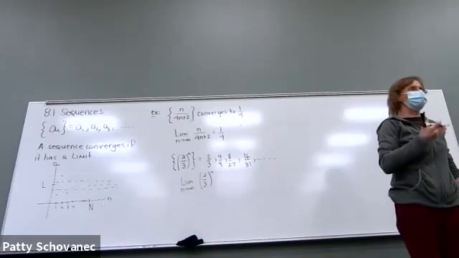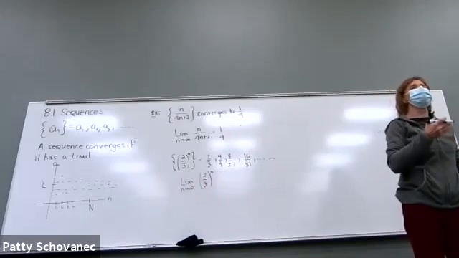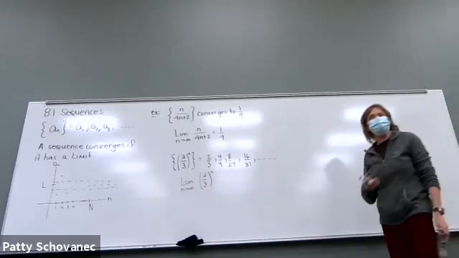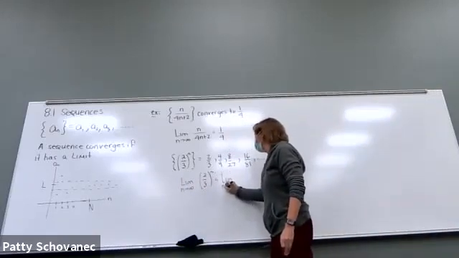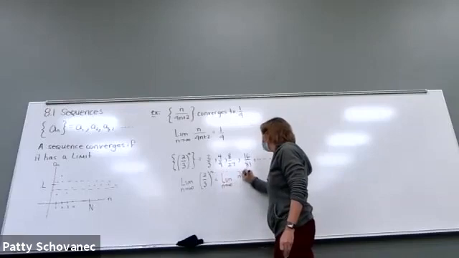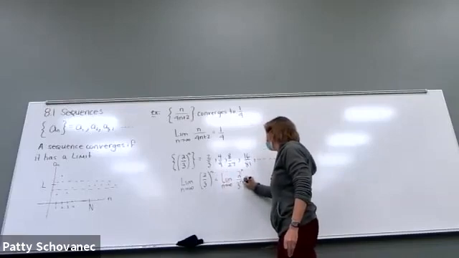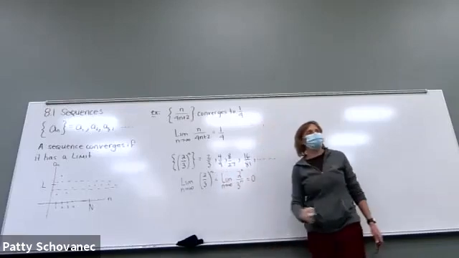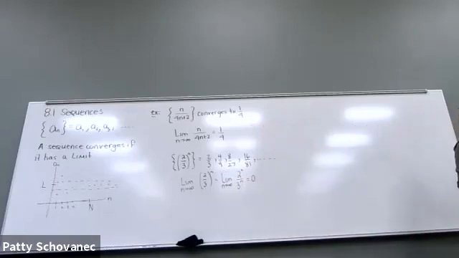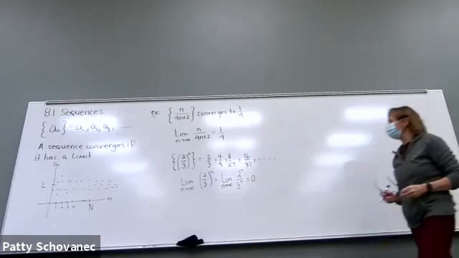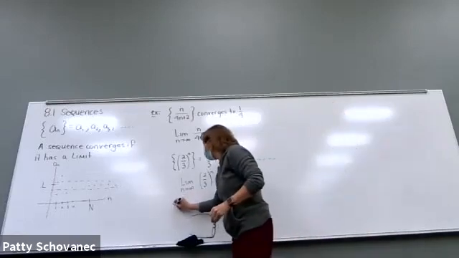If the numerator grows slower than the denominator, then the limit's going to be 0. Right, 3 to the n grows faster than 2 to the n, so it's a bottom heavy kind of fraction. If my fraction in the parentheses is the other way around, then my sequence is going to diverge.